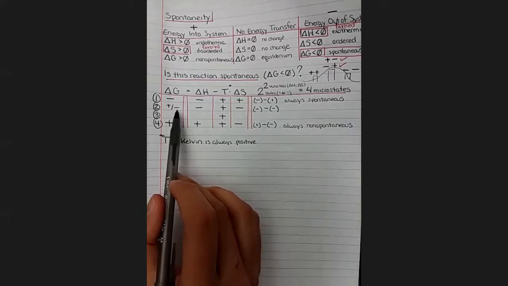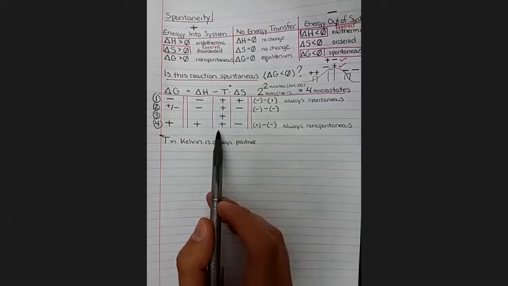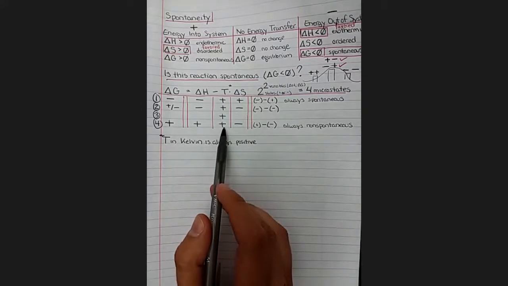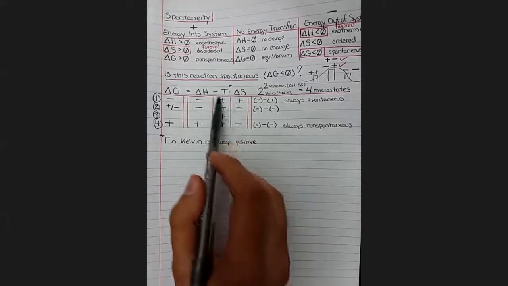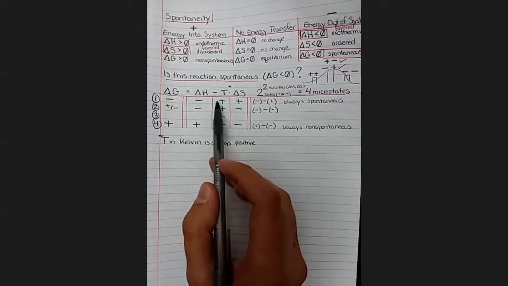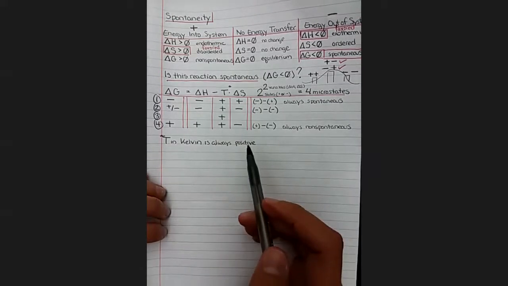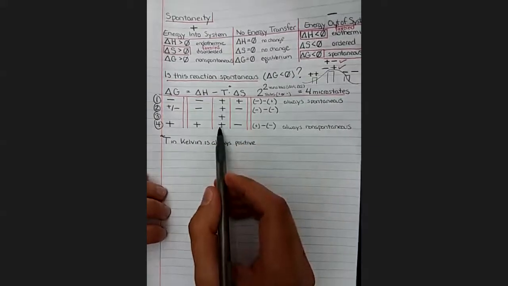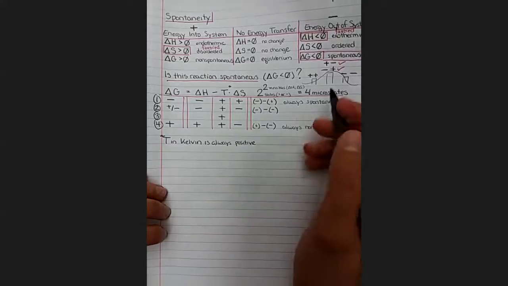Well, there's one variable left we can still change, and that's the temperature. So we can change how big the temperature is, and we can affect how large this term is to make the reaction go forward. This is something we do in the lab all the time. You change the temperature of the reaction to push it to happen in one direction or another.